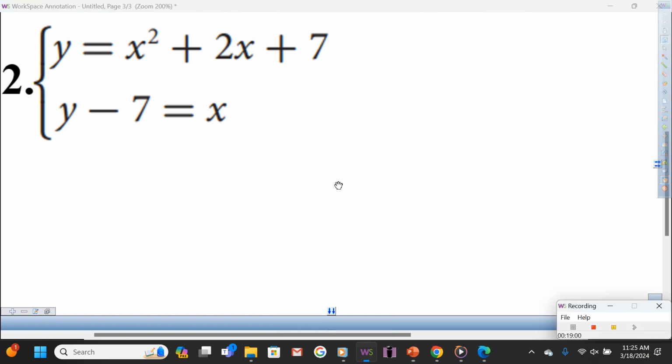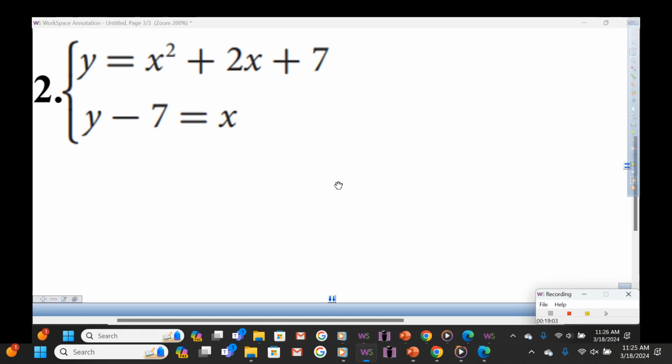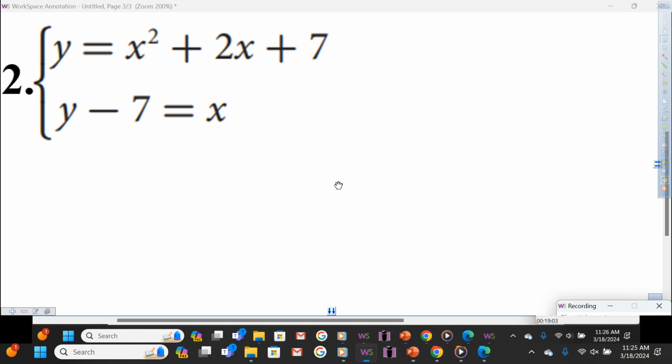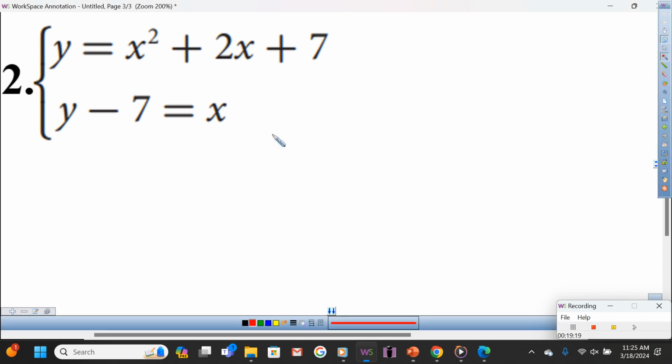All right, Anthony D, what do you notice? He said both of them are already solved. The top one is solved for y, and the bottom one is solved for what? X.